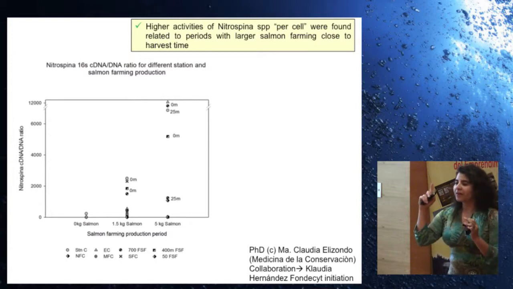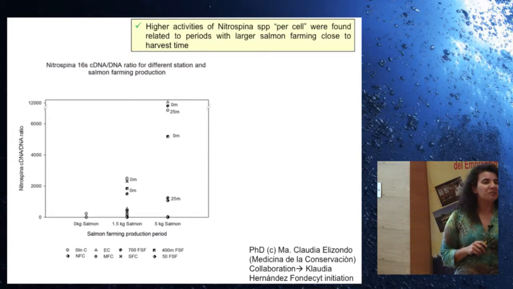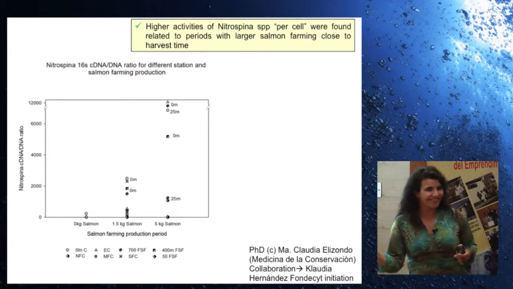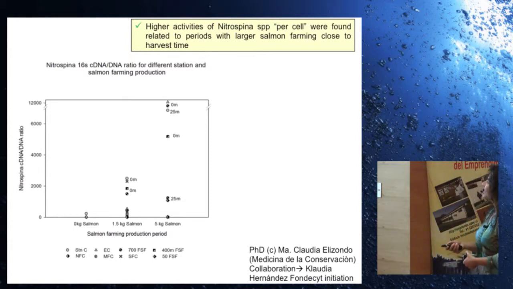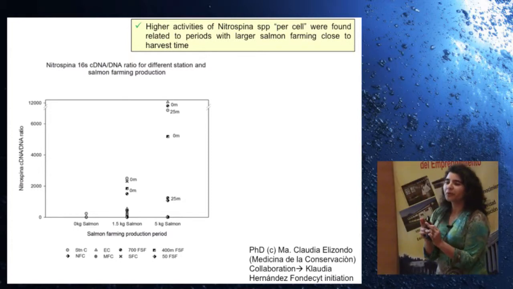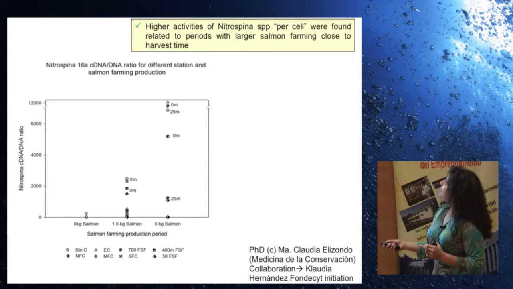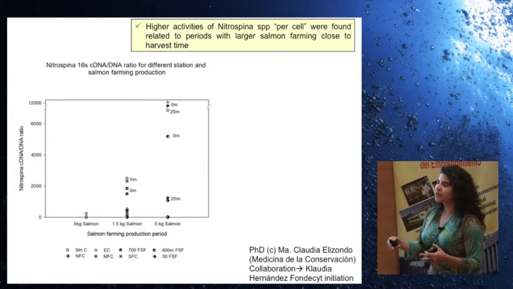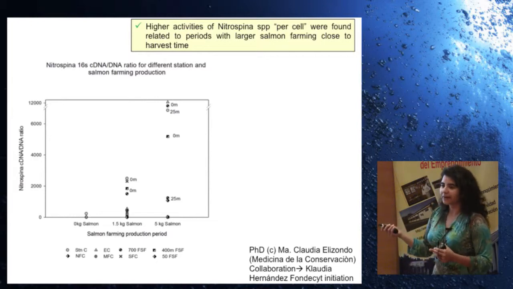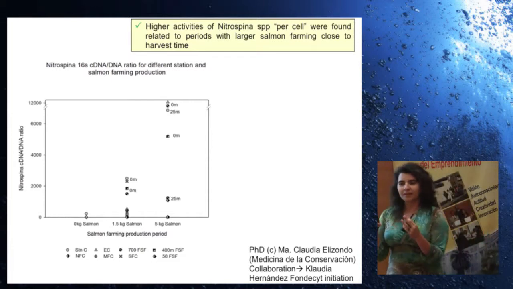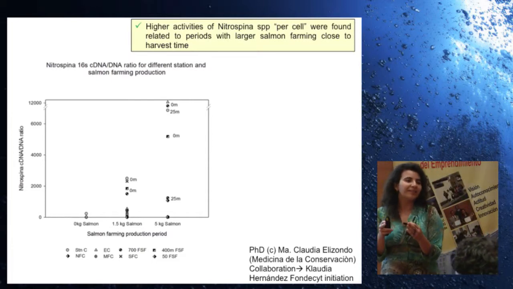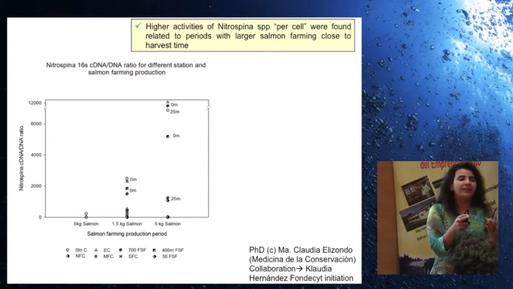We did it with just one of the groups, because these techniques are really expensive, so we focus on one group where we can get a response. This ratio indicates the per cell activity, considering that this is a phylogenetic marker, so the presence is given by the DNA counts, and the activity is given by the RNA counts.